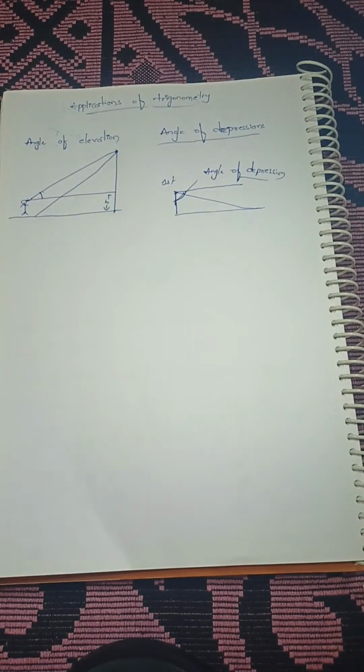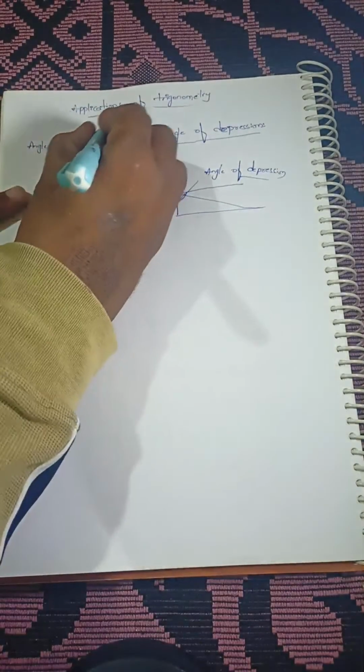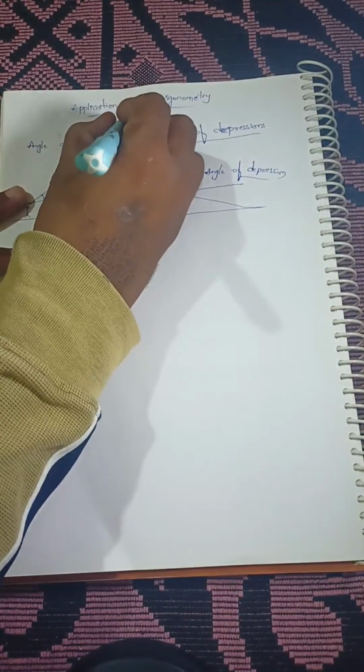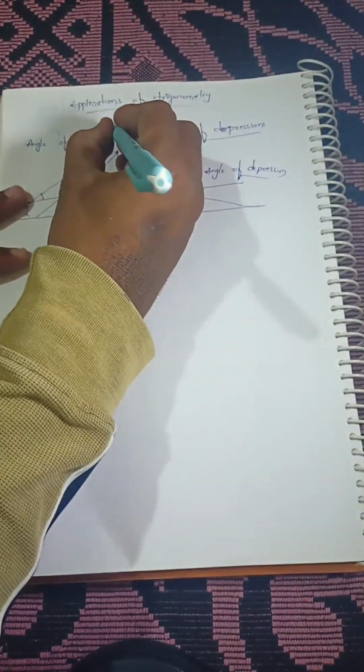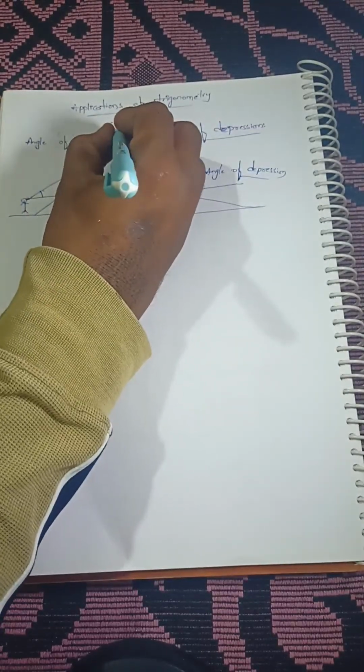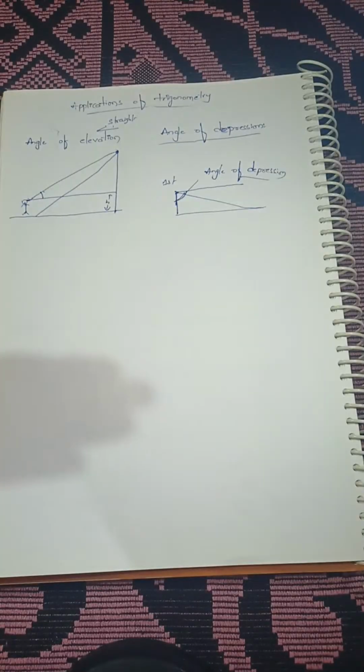The angle of elevation is the angle formed when looking at an object from the horizontal, towards the upside. Above the object, if you are going to see, that is called angle of elevation. Below the object, if you are going to see, that is called angle of depression. That's it.